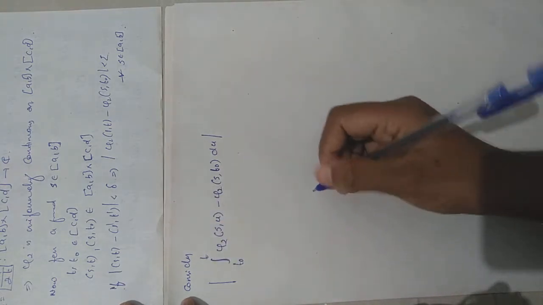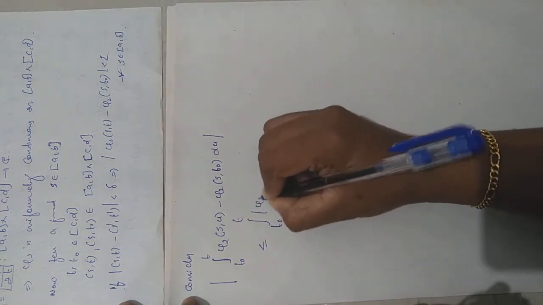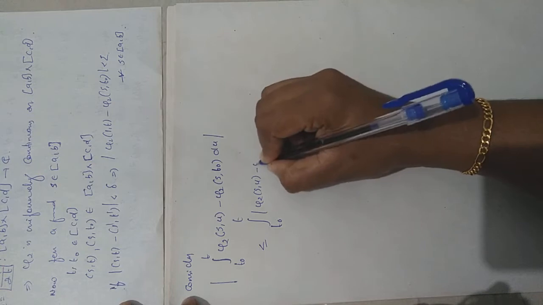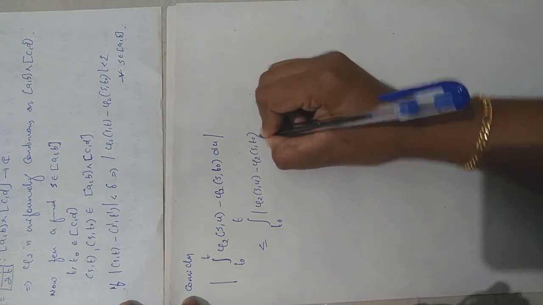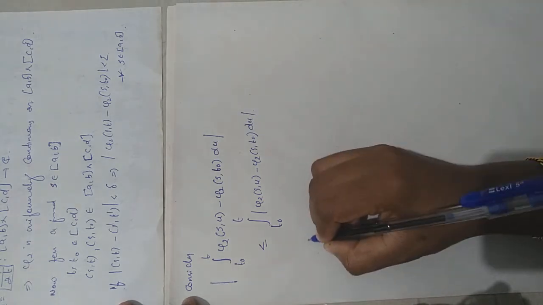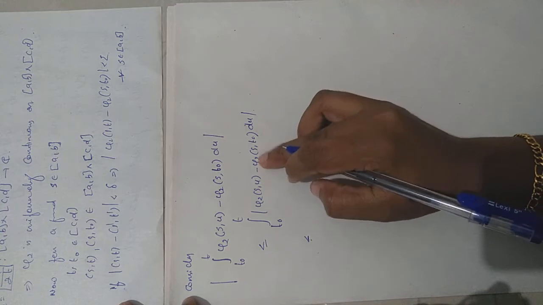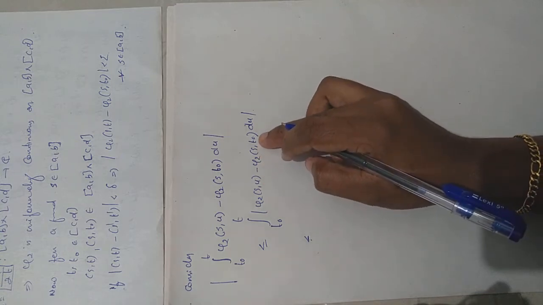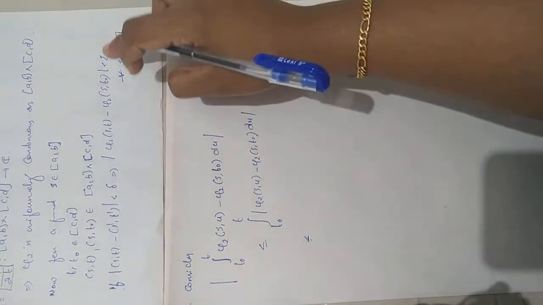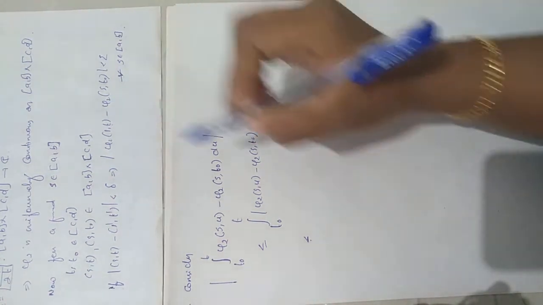So this will be less than or equal to the integral t naught to t of modulus of psi 2 of s comma u minus psi 2 of s comma t naught du. This is always less than epsilon, because psi 2 of s comma u minus psi 2 of s comma t naught will be less than epsilon, since this t can be considered as u also.